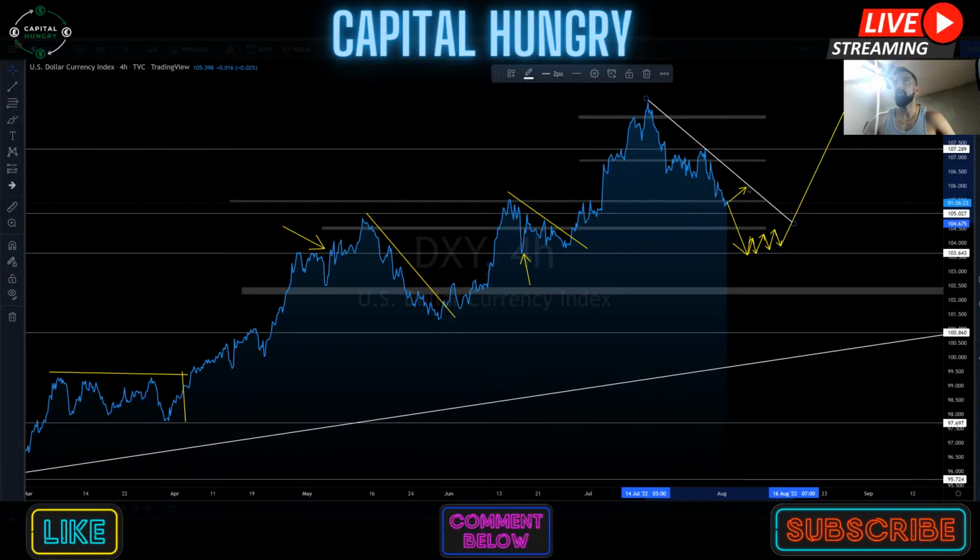If we don't break this corrective bearish structure, we're going to be playing a short-term bearish bias on the dollar, which fundamentally is going to translate to some short-term upside on gold, short-term upside on GU, short-term upside on EURUSD, bears on USDCAD, and a bear market rally, short-term bulls on the stock market, right?